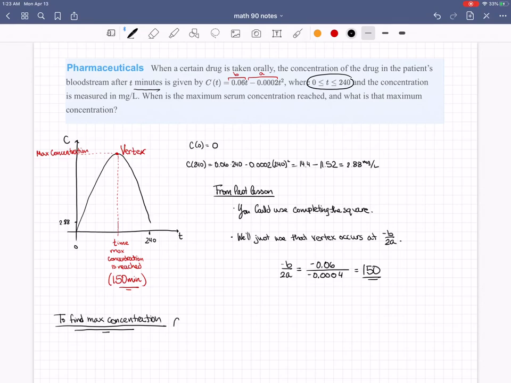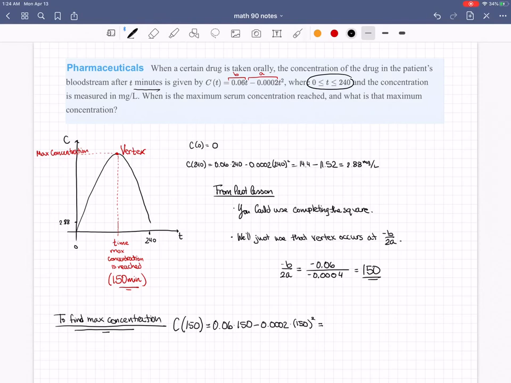We just want to know what is the value of the concentration when t is 150. So we're just going to find the output that this function assigns to the input 150 by plugging 150 in for t. So we have 0.06 times 150 minus 0.0002 times 150 squared.